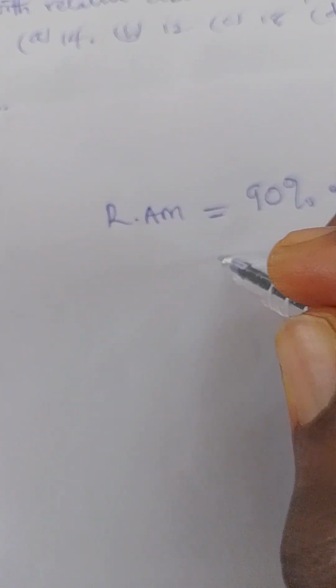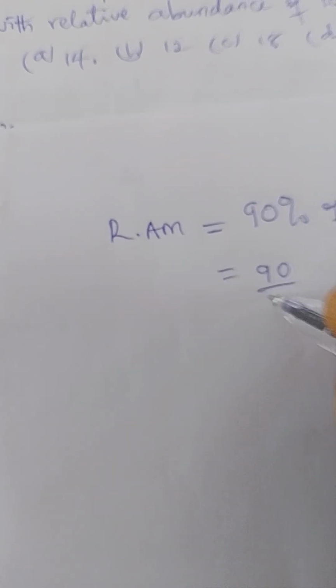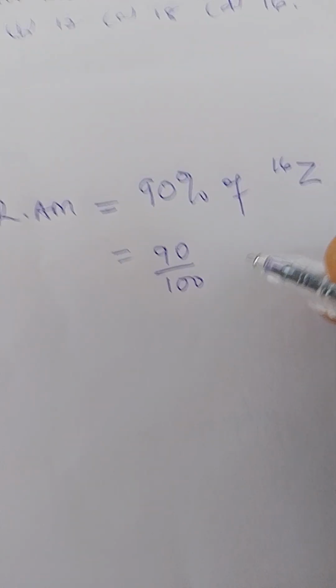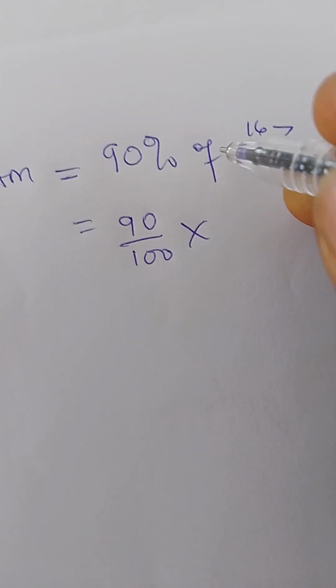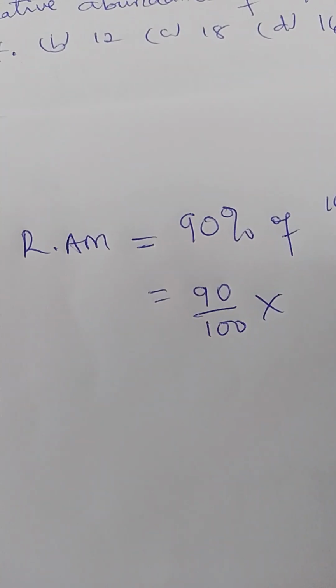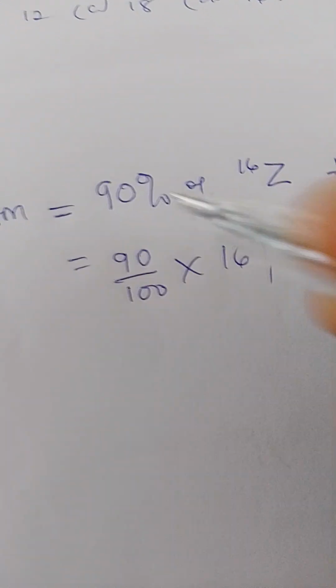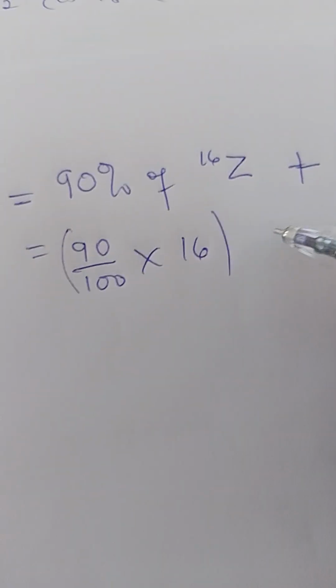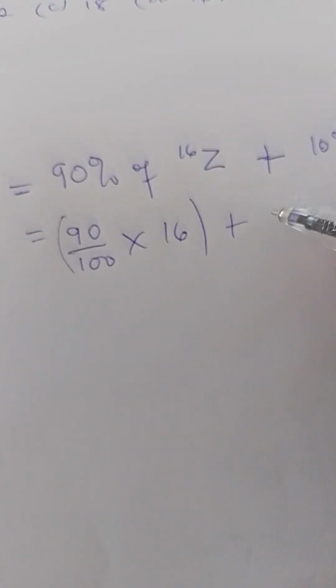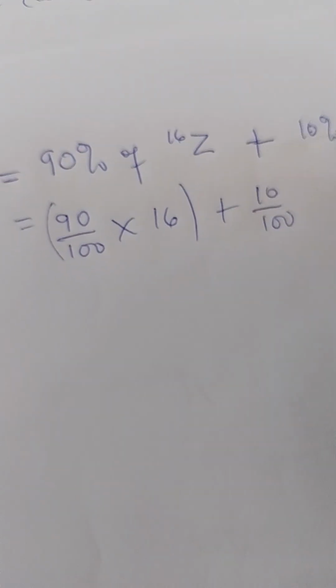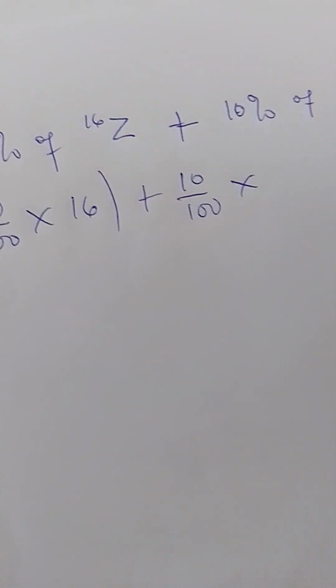This is the formula you are going to use. So in this case now we are looking for the relative atomic mass. 90% means 90 over 100. In mathematics, of is often referred to as times. So this will be times 16. Then I do ask students to put it in brackets so that you don't make mistakes. So then this will be 10 over 100, that's the 10%, times the 18.